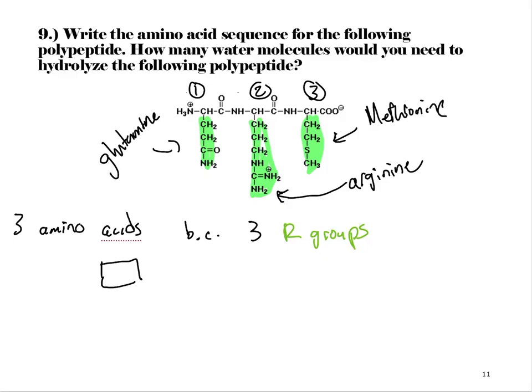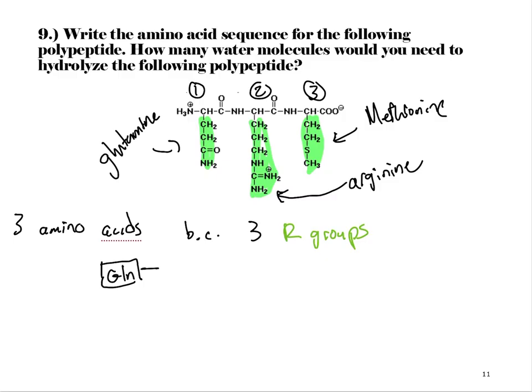Right, so to come up with a specific sequence, we go from N terminus to C terminus, and we just write the specific three-letter codes. So what's the three-letter code for glutamine? GLN, right?